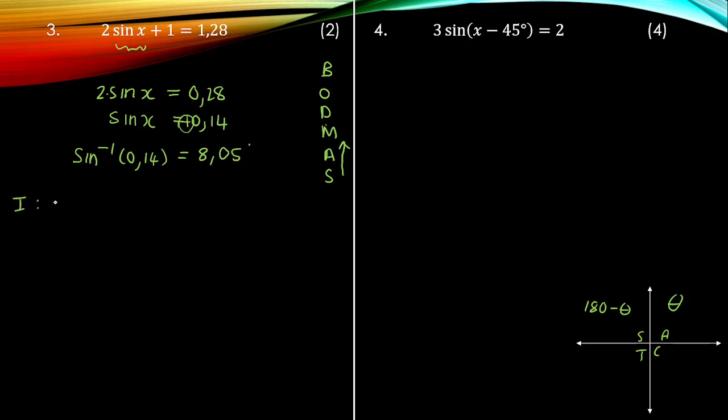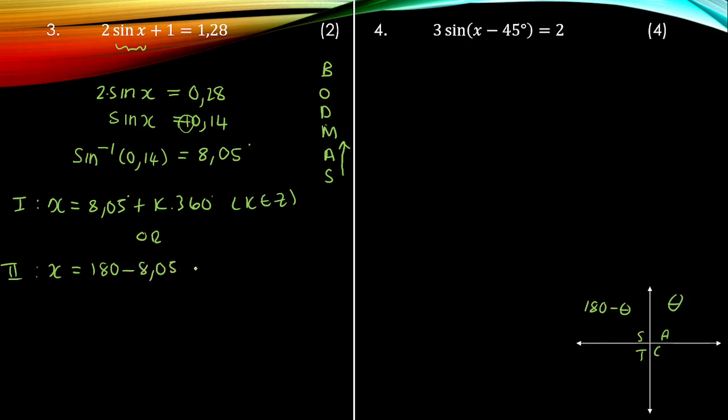So in quadrant 1, it's just going to be x equals 8,05 plus k times 360, k an integer. Or we're going to be in quadrant 2, x is equal to 180 minus 8,05 plus k times 360, k an integer.